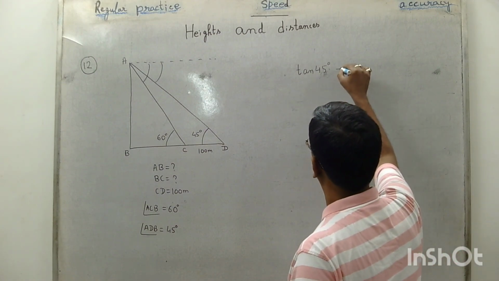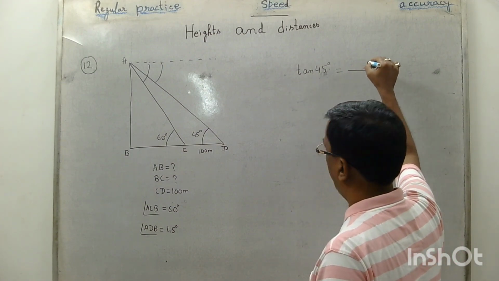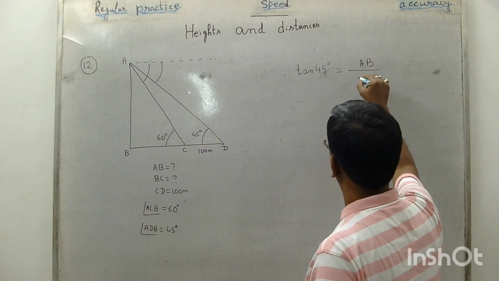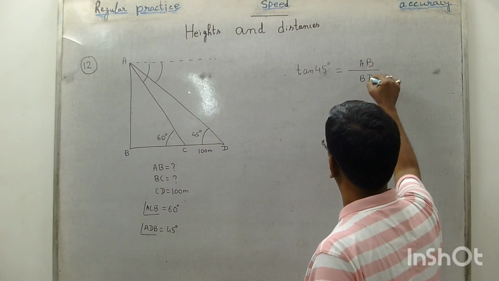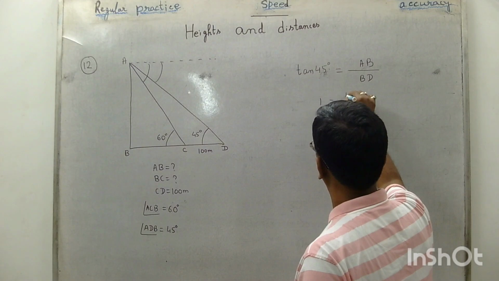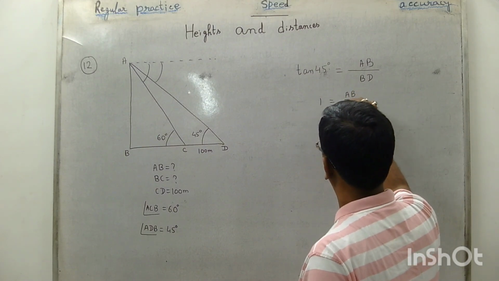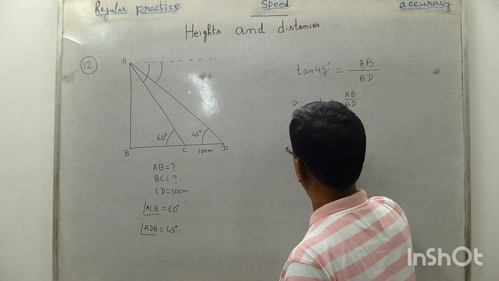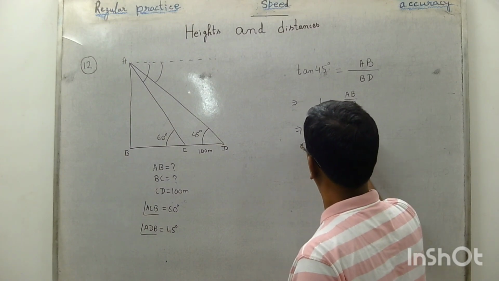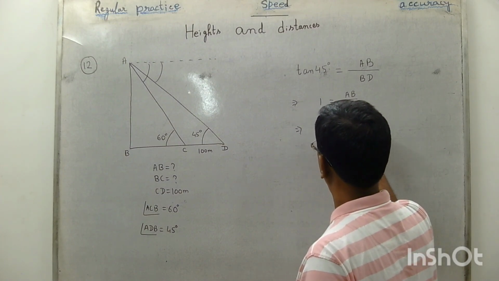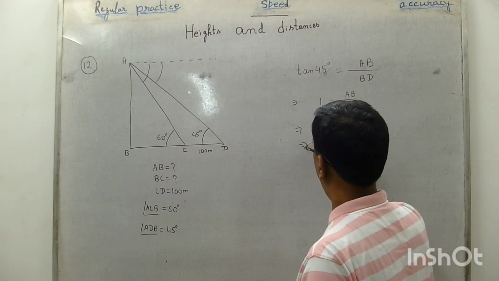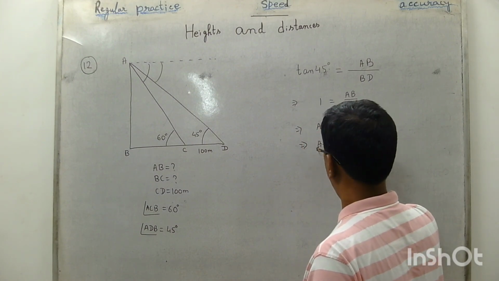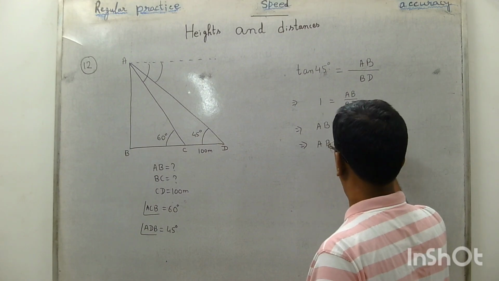Tan 45 degree is what? AB by BD. So 1 equals AB by BD. That means AB equals BD. We don't know AB, and BD is how much? BC plus 100.